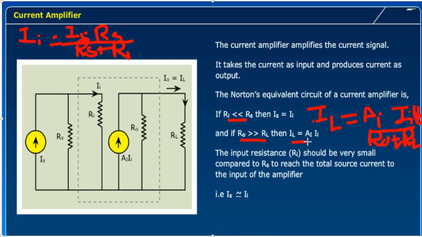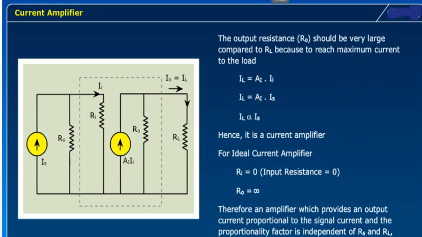The input resistance should be very small compared to Rs to reach the total source current to the input of the amplifier. That is, Is is nearly equal to II. Therefore IL is equal to AI into II. AI is the current gain of the amplifier and IL is directly proportional to Is, so AI is a proportionality constant.